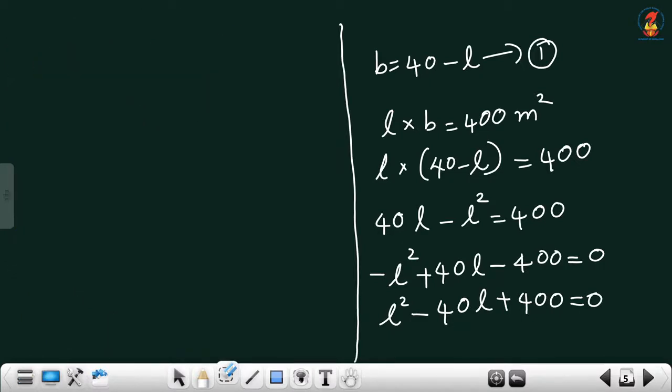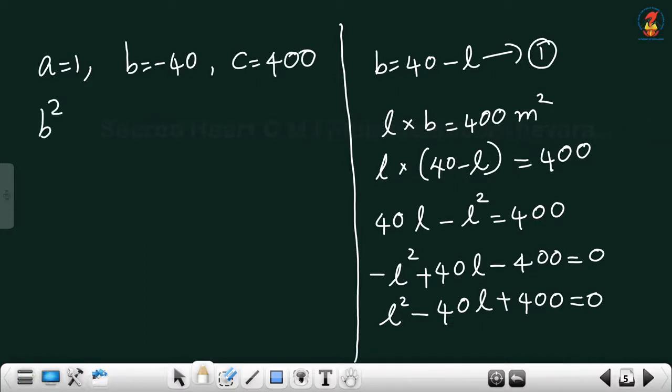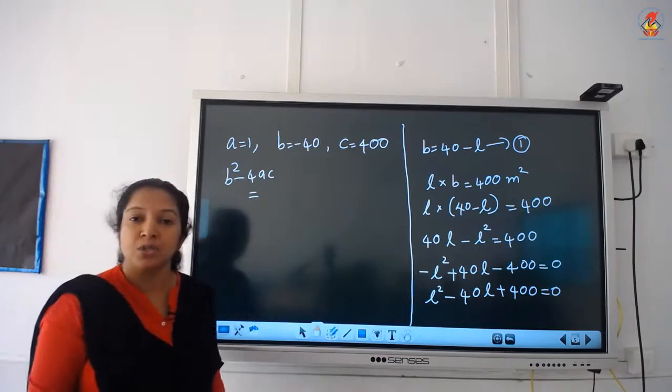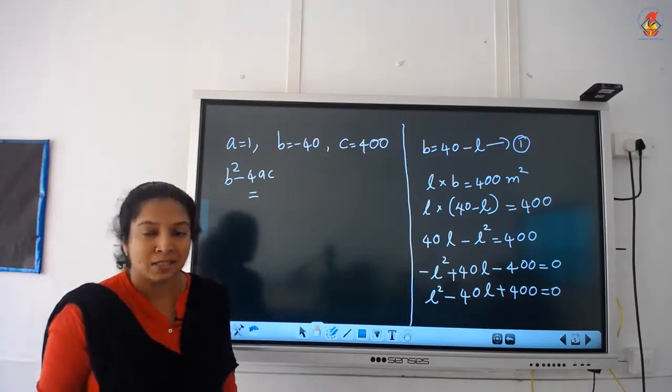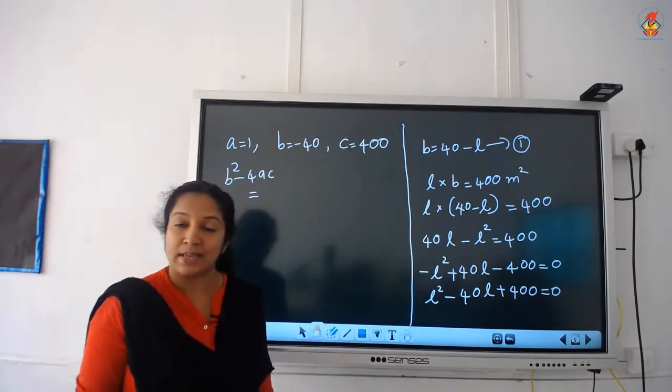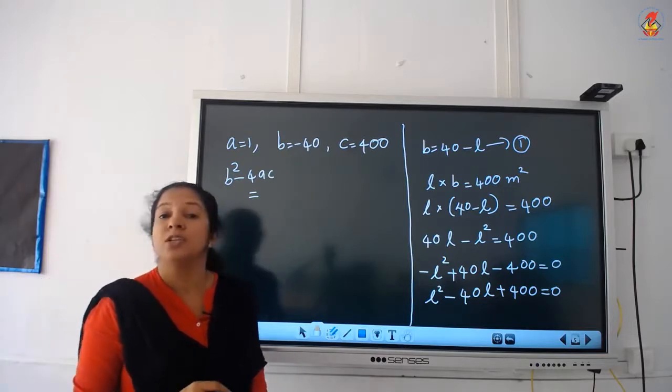From here we can write A is equal to 1, B is equal to minus 40 and C is equal to 400. So, we have to find B square minus 4AC. If it is possible, we can find the values of L and B. So, first we have to identify whether it is possible or not using B square minus 4AC, that is the discriminant. If the discriminant is greater than 0, it exists, equal to 0, exists. If it is less than 0, that situation is not existing.